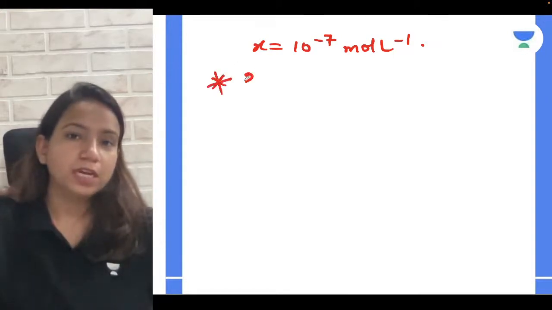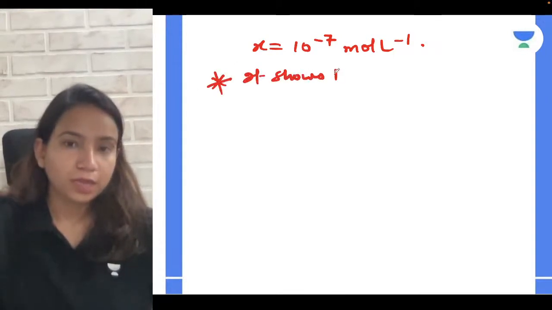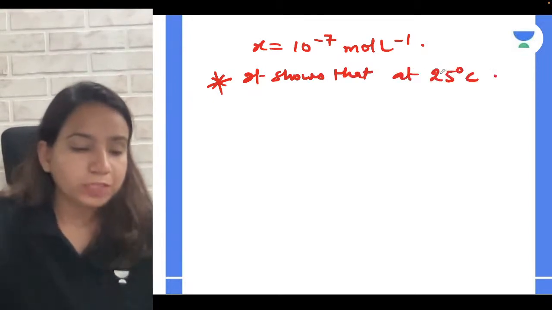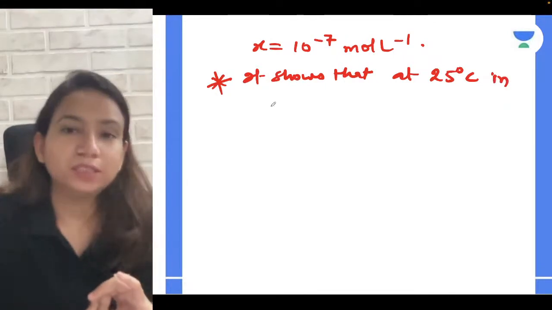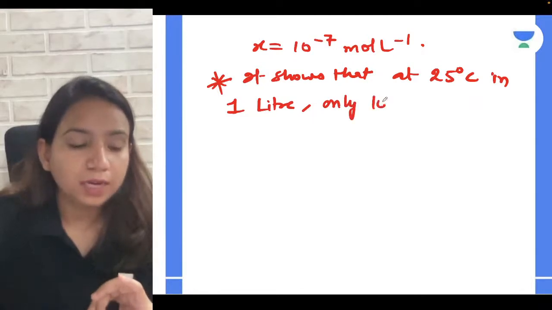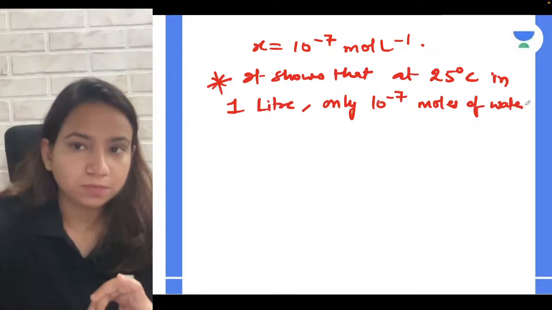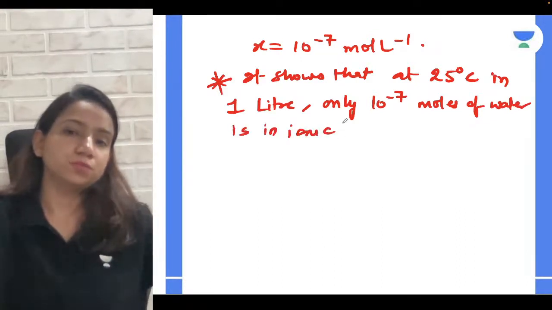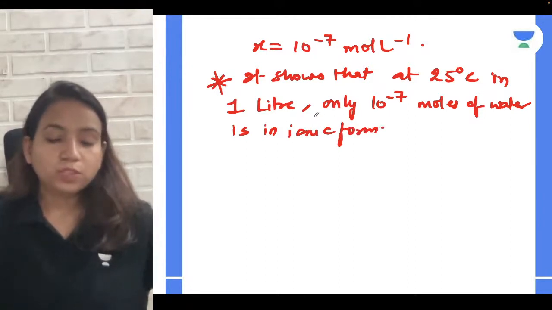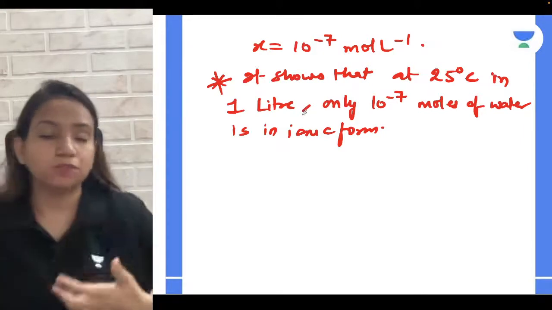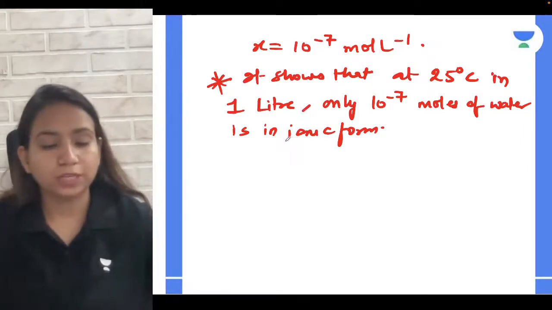So what we can interpret is that at 25 degrees Celsius, in 1 liter only 10 to the power minus 7 moles of water is in ionic form, because it dissociates less, like self ionization is less, self dissociation is less, and that's what we can relate.